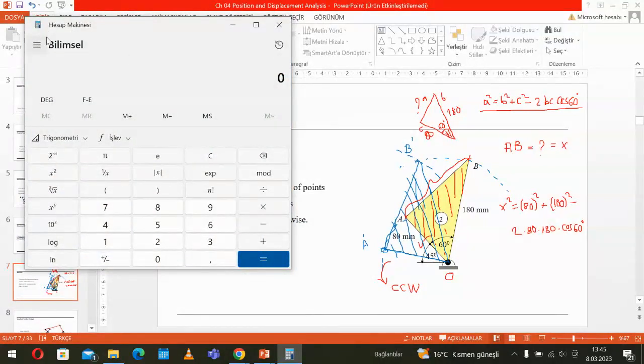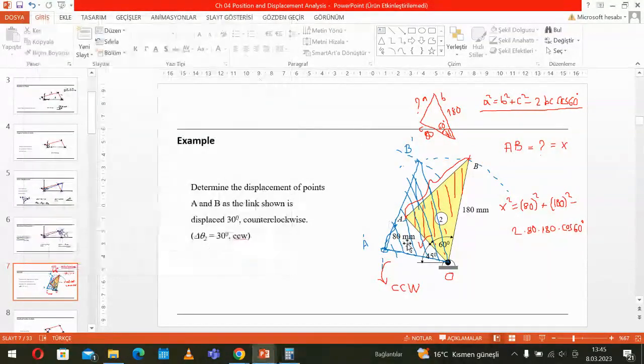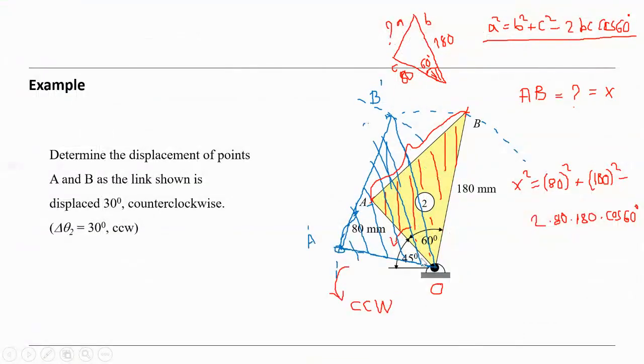The answer would come as 156.2... 56.2 millimeters. Okay, so I trust it. This is a simple calculation. Then we can write here 156.2.